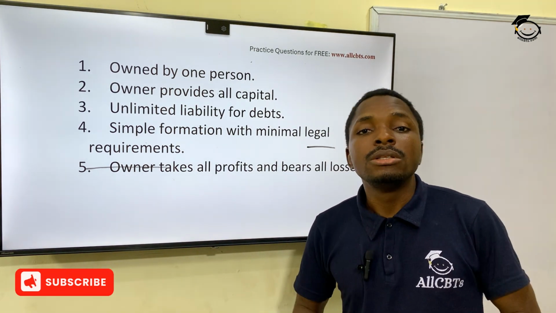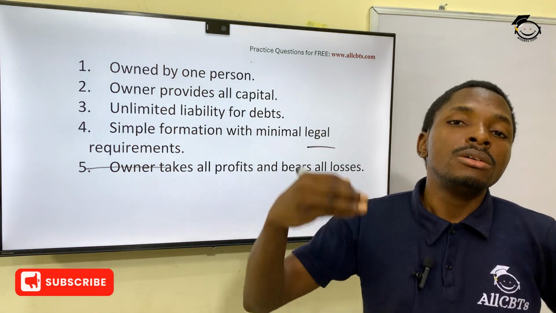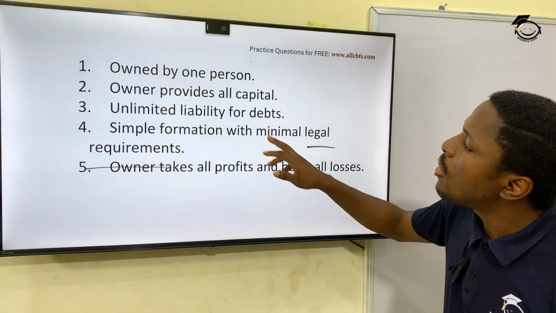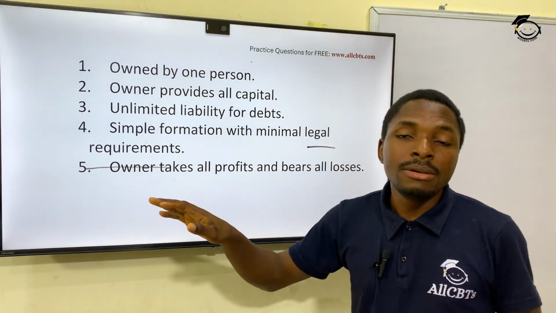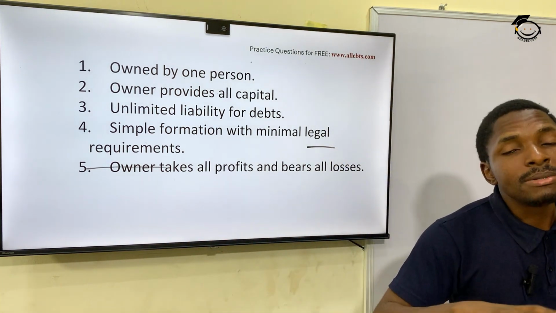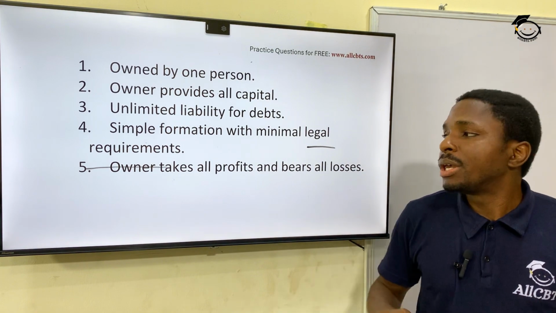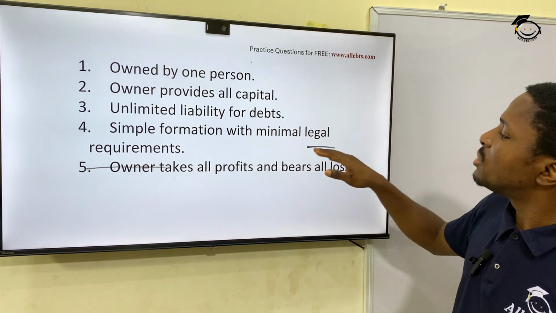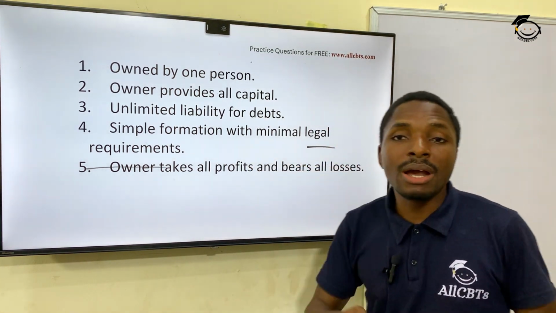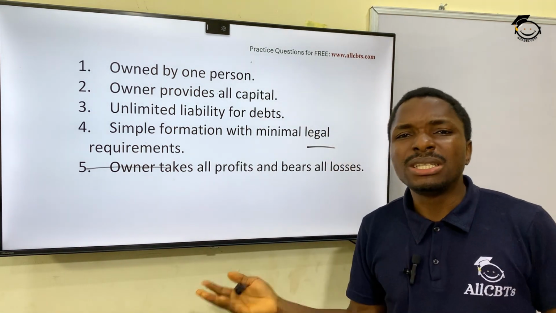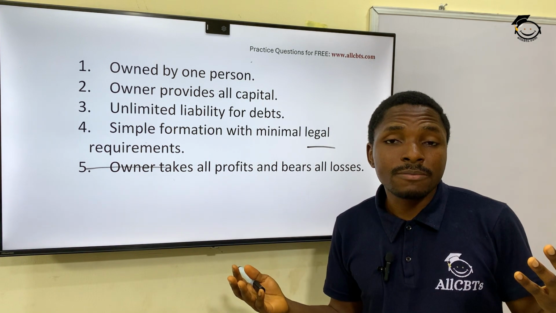What's the capital? The money that is needed to run, maintain, or manage the business. Three, unlimited liability for debt, meaning that if I run into debt, I bear all the liabilities. Four, simple formation with minimal legal requirements, meaning that I don't need a lot of documentation to register my business.